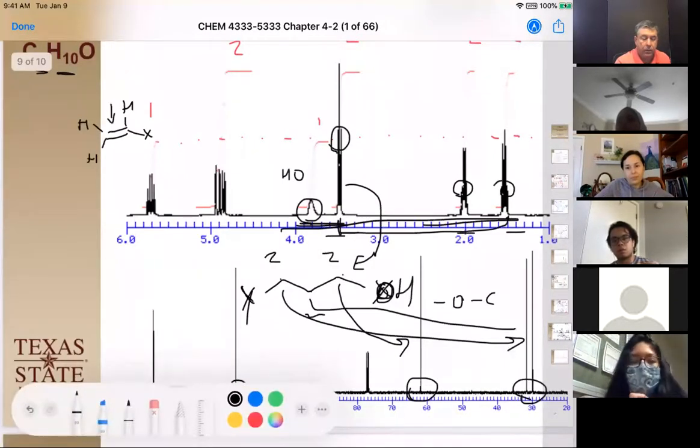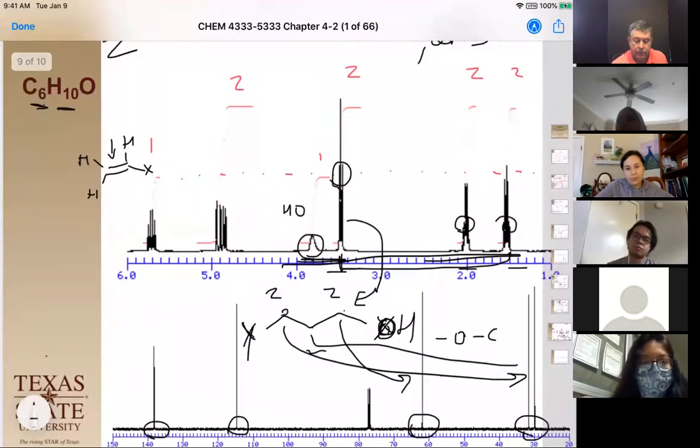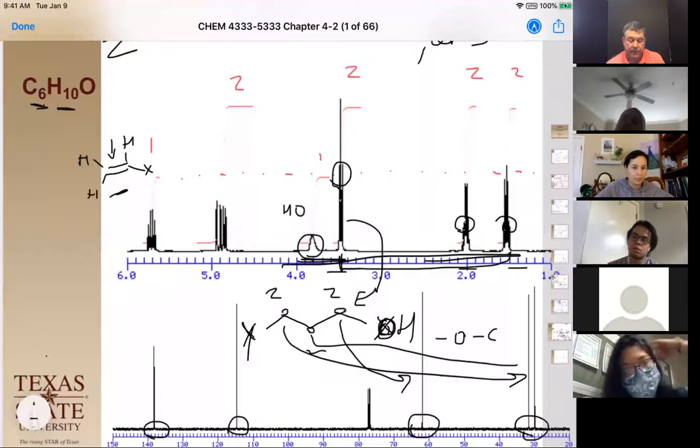If we look at this, we had 6 carbons, and we have 1, 2, 3 of the carbons accounted for. But we only have 2 more carbons for our terminal alkene. So we have to have something else here. There has to be somewhere else for our deficiency. We don't have any carbonyls because it doesn't come up here.